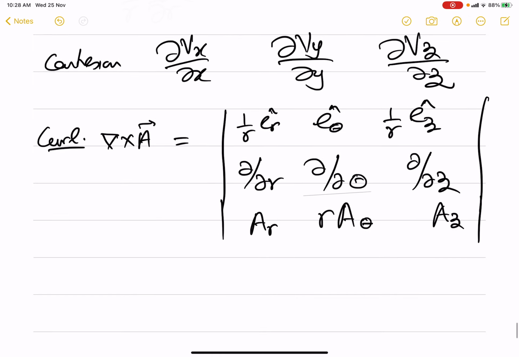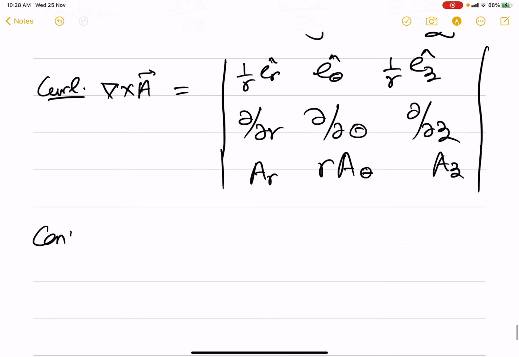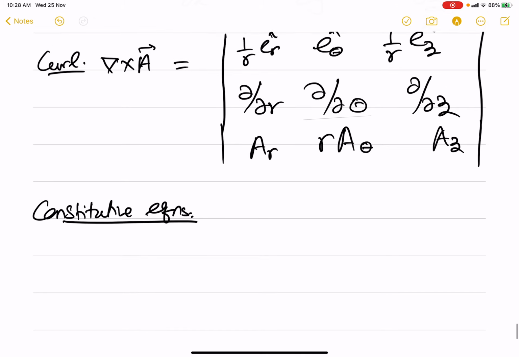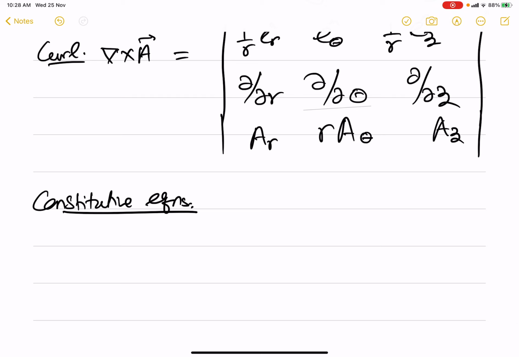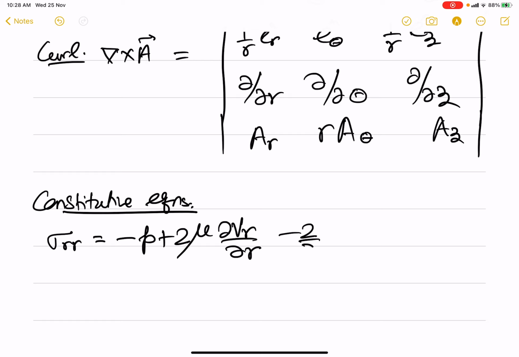And similarly, when I look at the constitutive equations in r theta z, what I will get is things of this form. Let's write this. Sigma rr will become minus p plus 2 mu partial Vr by partial r minus 2/3 mu del dot V. So this is the same.